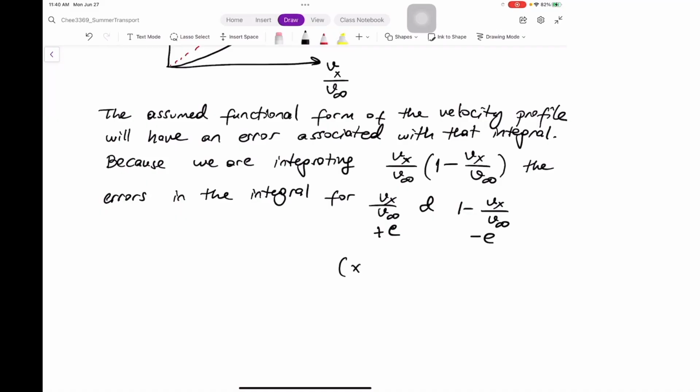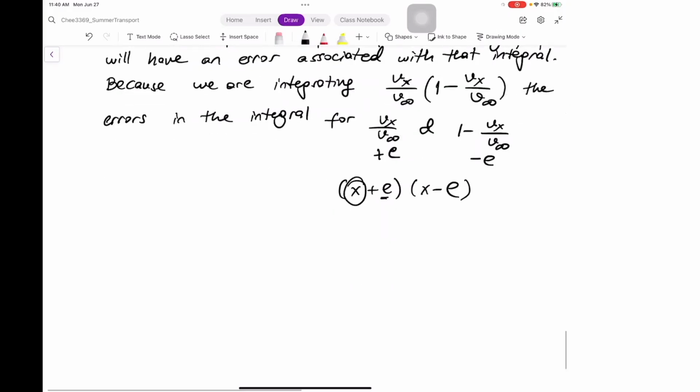If you have a number x plus e times x minus e, where x is the actual number and e is the error associated to that, now you get the following: x squared minus e squared. So you don't have the plus e or minus e term. So the error associated is going to scale with the square of e, which means it's going to actually attenuate or reduce the error, right?